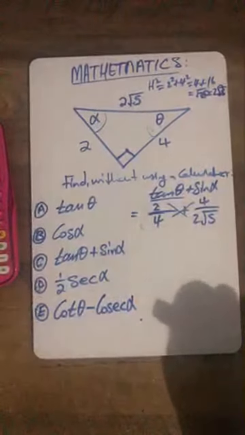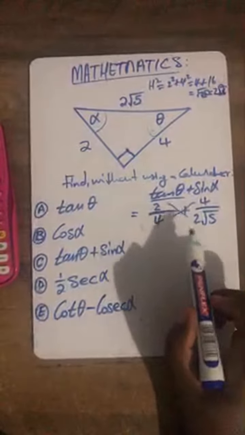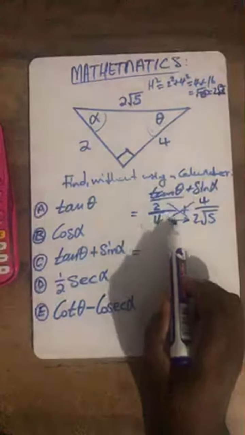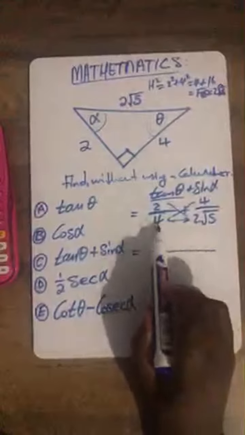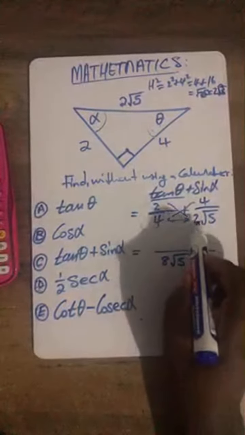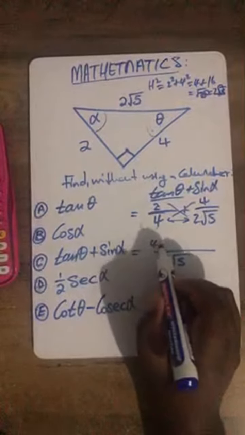Okay, let's now continue. So that means in this case, you will definitely multiply those two at the bottom. It's like 4 times 2 is 8 square root of 5. Then you cross multiply that times that.